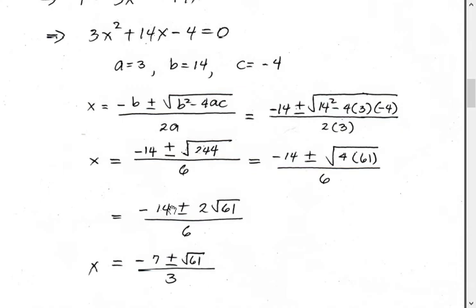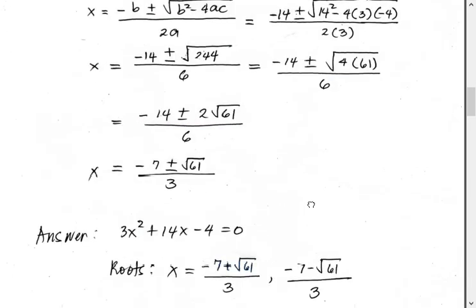We can factor out 2 in the numerator. Negative 14 divided by 2 is negative 7, copy plus or minus. Then 2 square root of 61 divided by 2 is square root of 61. Then 6 in the denominator divided by 2 is 3.